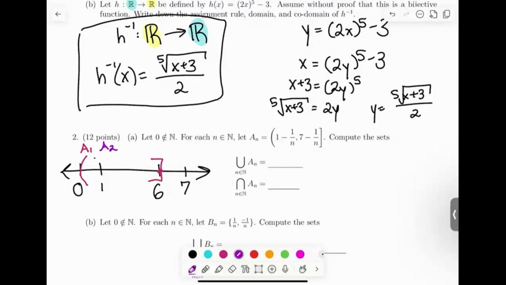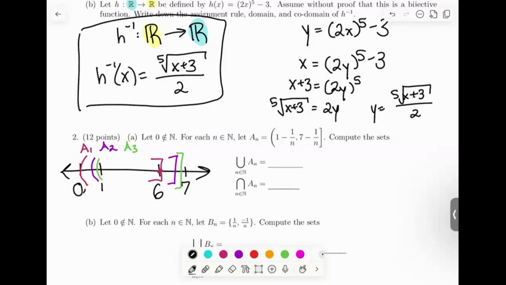A2 goes from 1/2 to 6.5. And you could keep going. A3 is 3/4? Wait, 2/3? Not drawn to scale. And then 6 2/3, etc. Not drawn to scale. All these things union together.